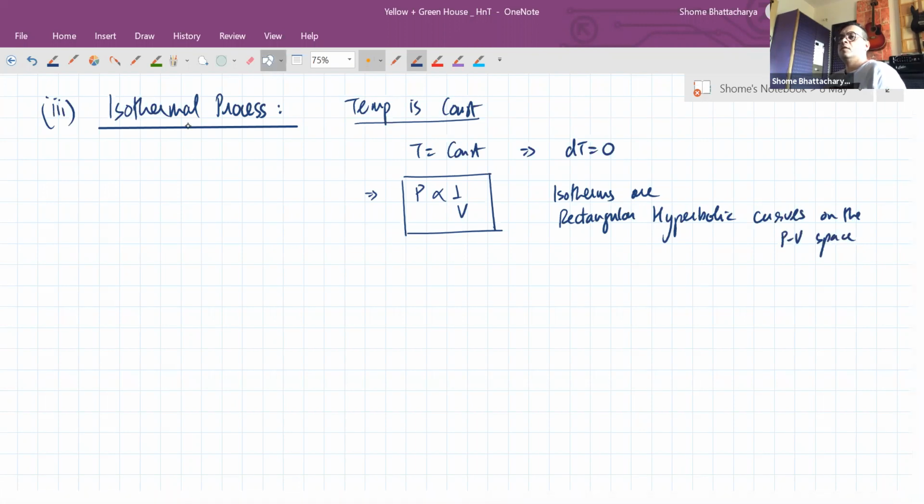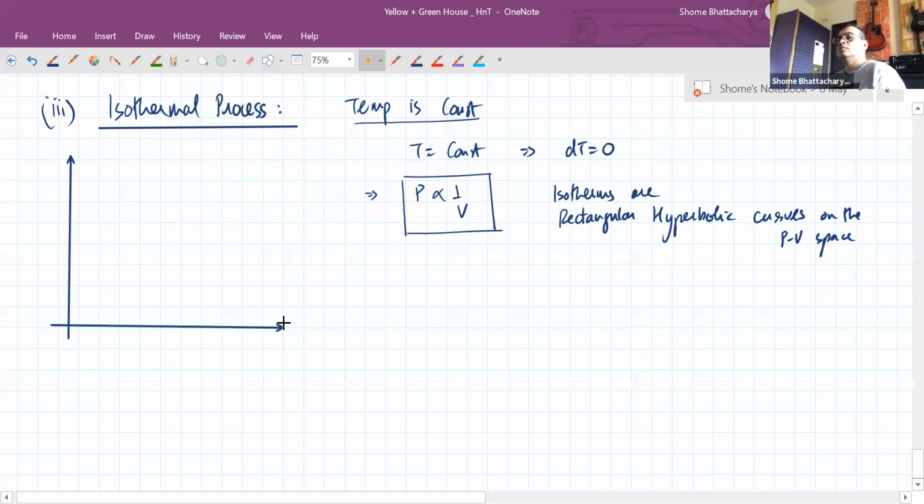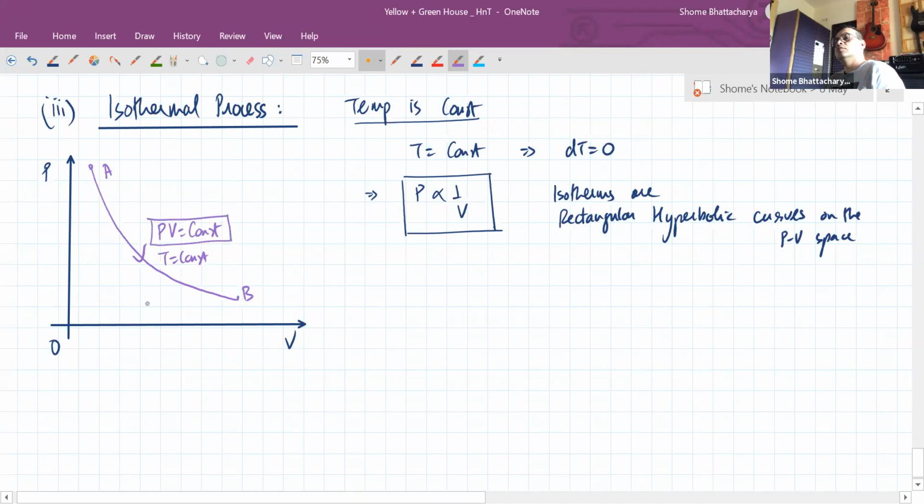Okay. For example, A to B. So pressure is inversely proportional to volume. So this is an example of an isothermal expansion.